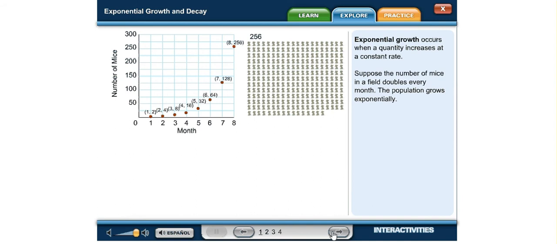See how fast that population grows when you are multiplying by an exponent constant. Exponential growth means it increases more and more as you go along.